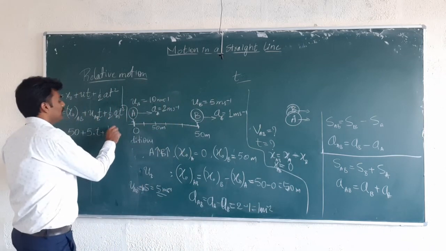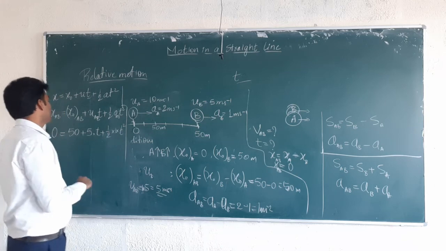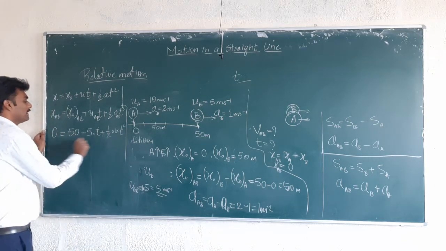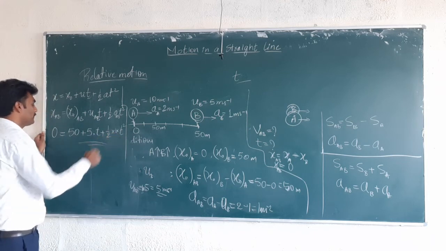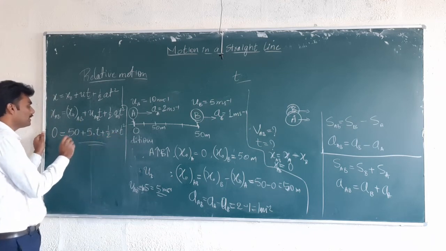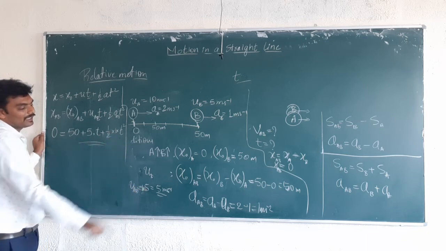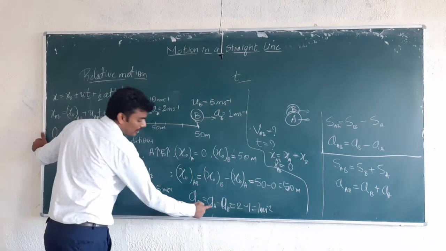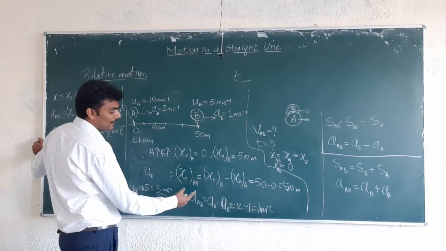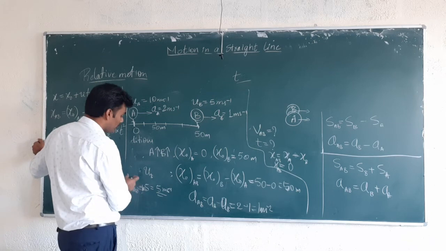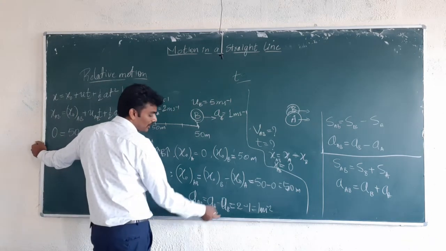Half into 1 into t squared. So this equation is a quadratic equation in time t, and we should be a little careful, because for velocity and acceleration I have taken body A first and body B second. Now uA minus uB, aA minus aB here.